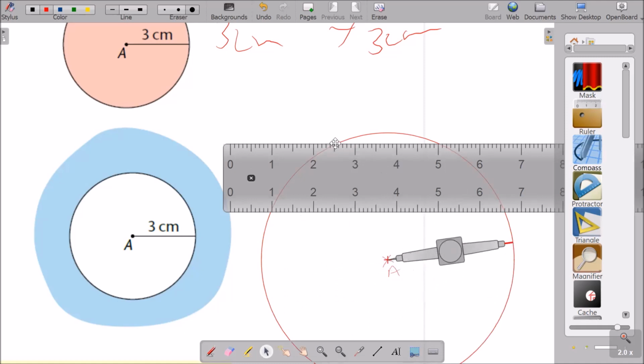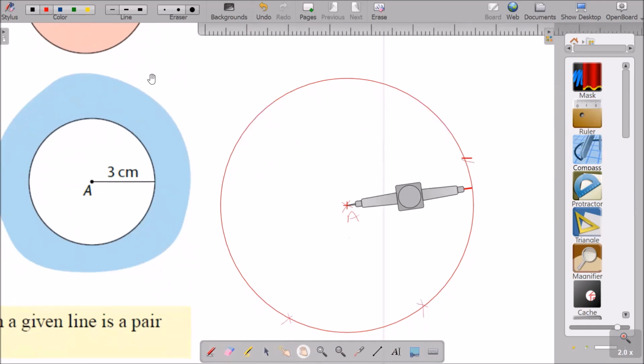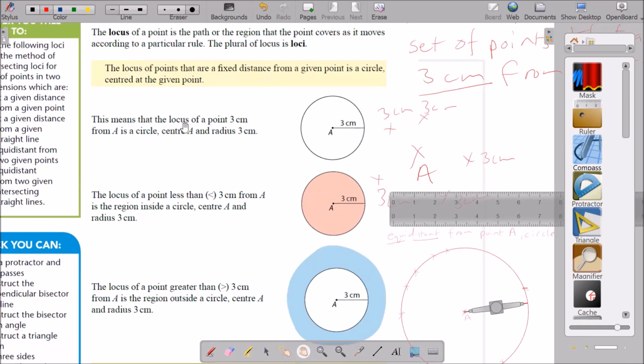We can say this circle is a set of points that are 3 centimeters from A. Any point on this circle is 3 centimeters from A. So we can say all these points are equidistant from point A, and they define a circle. Equidistant means equal distance from A, which is 3 centimeters from A. This means that the locus of a point 3 centimeters from A is a circle.